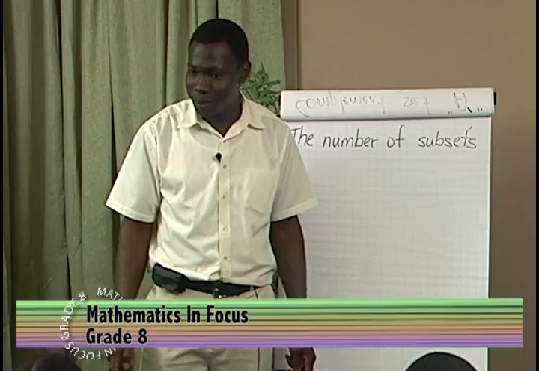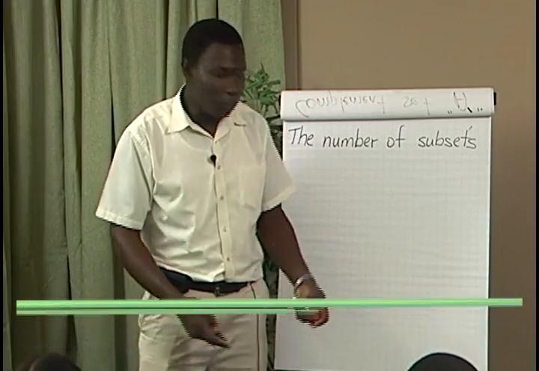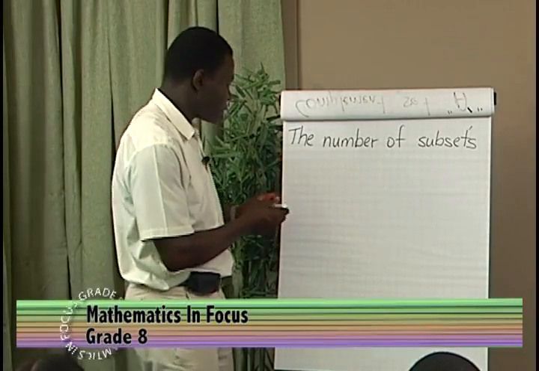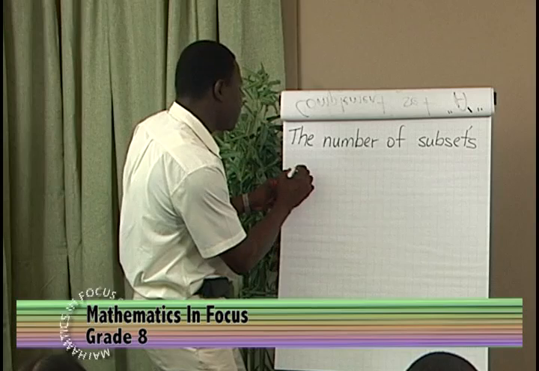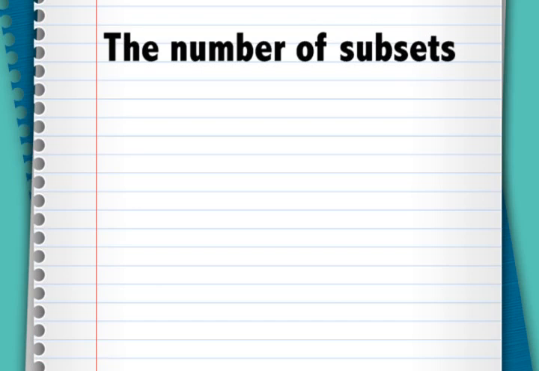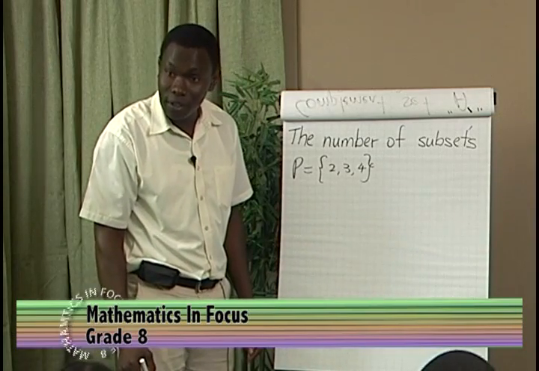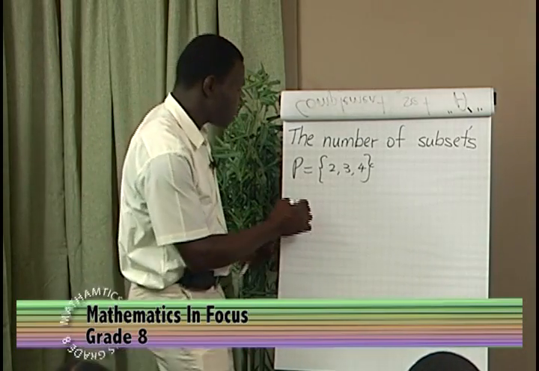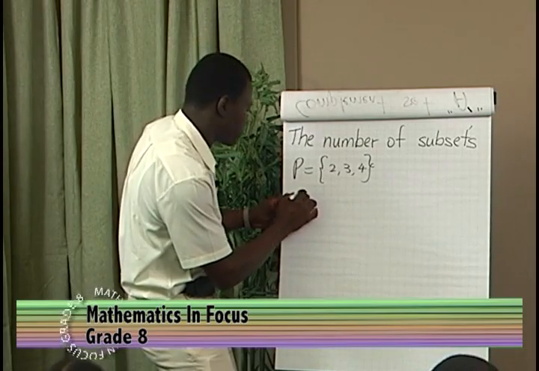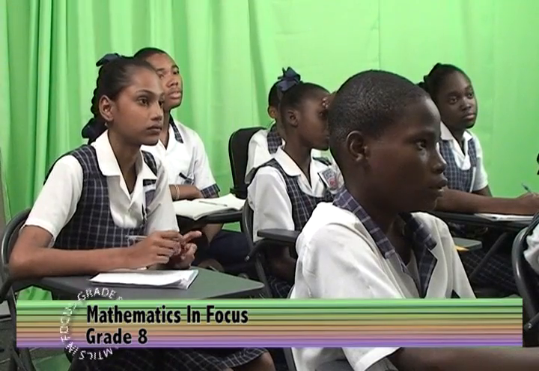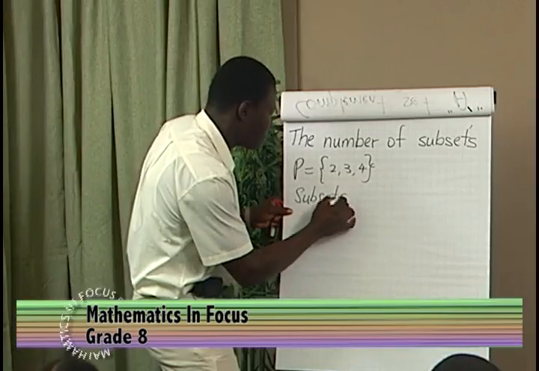You can imagine how many subsets you could get out of that set. A large number, right? And while we can list the subsets of a set, for example, if we have the set P equal to {2, 3, 4}, we can list some of the subsets of this here. So help me list the subsets. What would be one subset? 2 by itself.